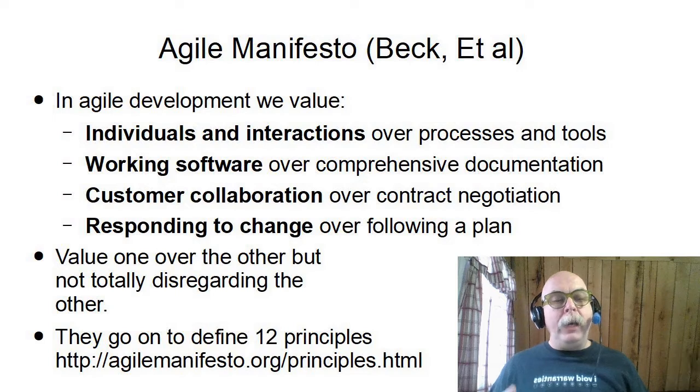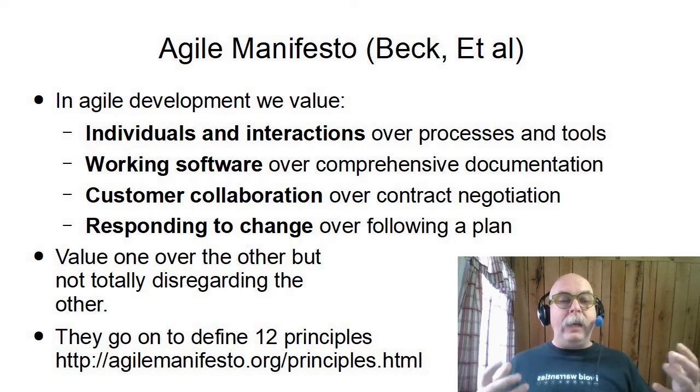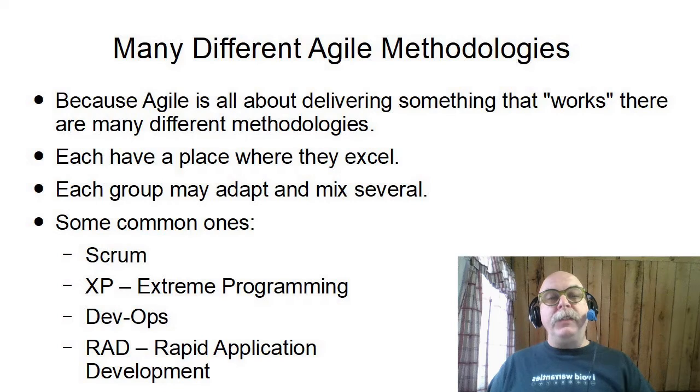So whenever we look at an agile manifesto, an agile methodology, think of it in the terms of the manifesto above: individuals and interactions, something that works. Collaborative and responsive are the keywords to any agile methodology. There are several different agile methodologies out there.